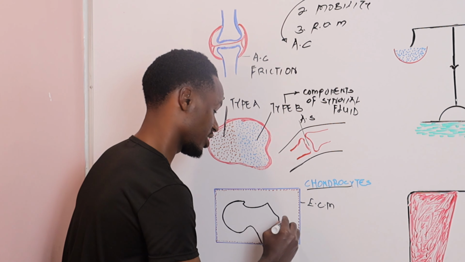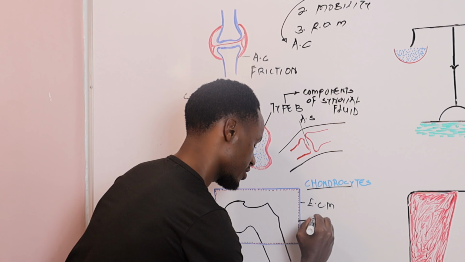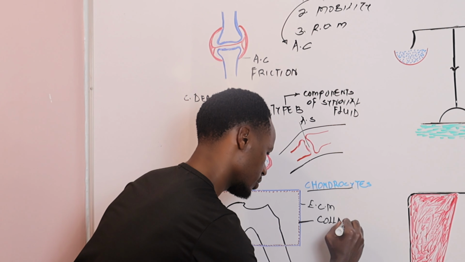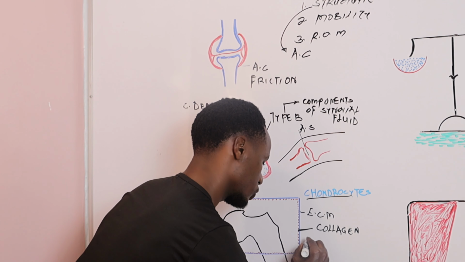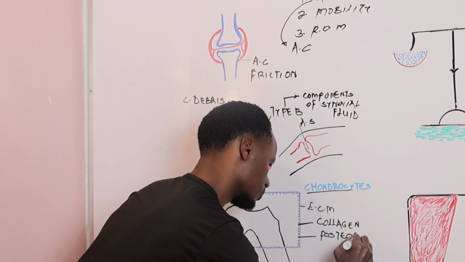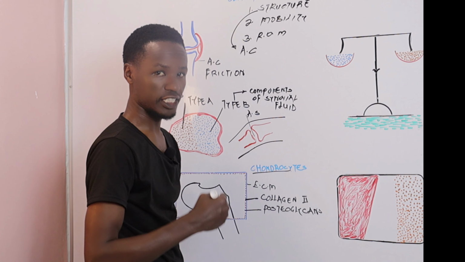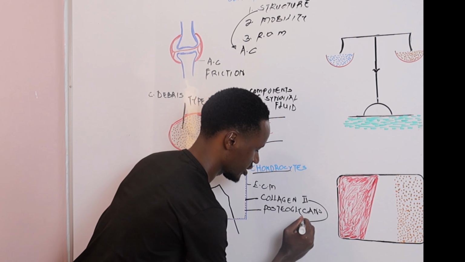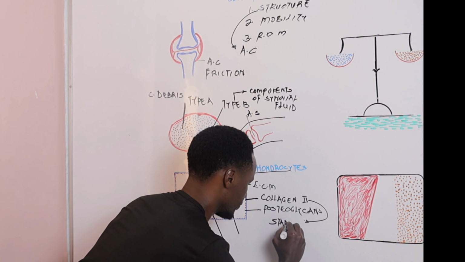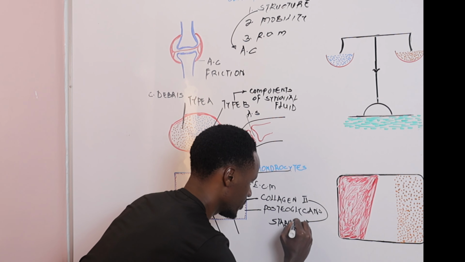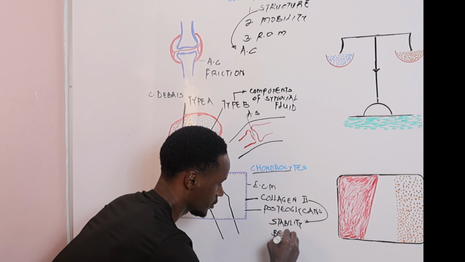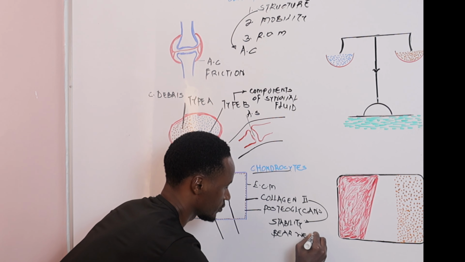and this structure contains other components which are type 2 collagen and also proteoglycans. Type 2 collagen gives the joint what we call stability of the joint. And with stability, it means that the joint can therefore bear weight.